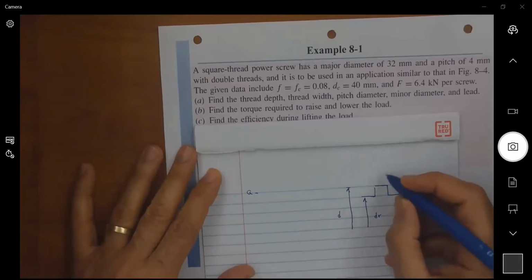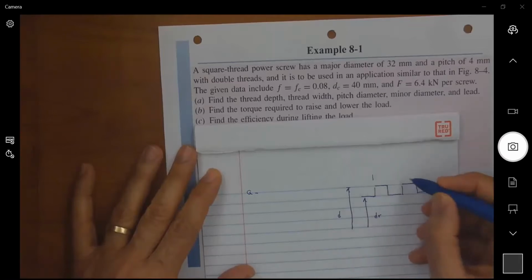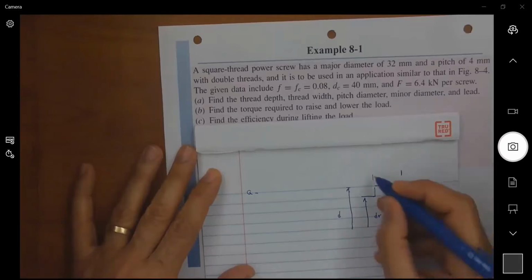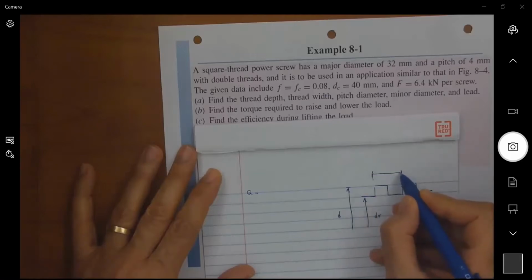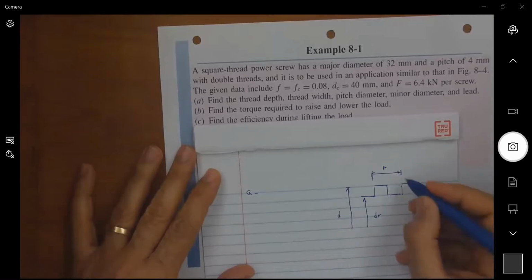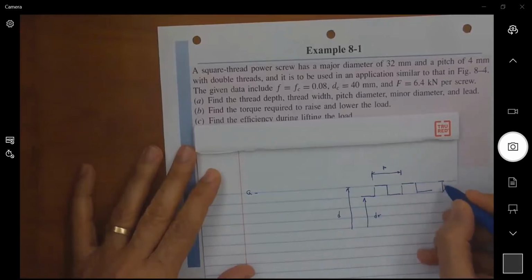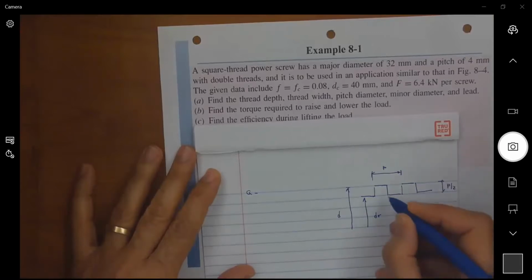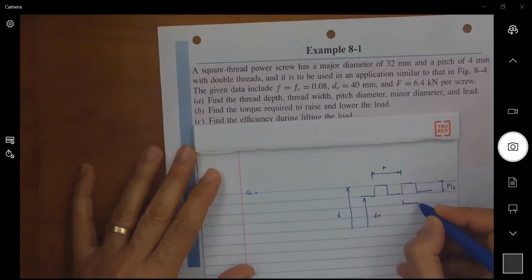And this is the pitch distance between threads. The height of each thread is p over 2, and the width of the thread is also p over 2.